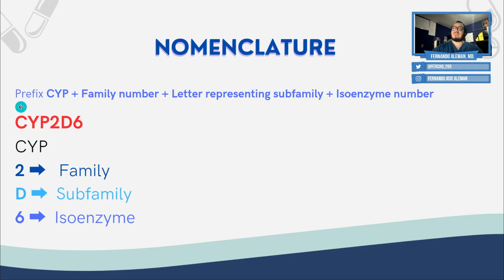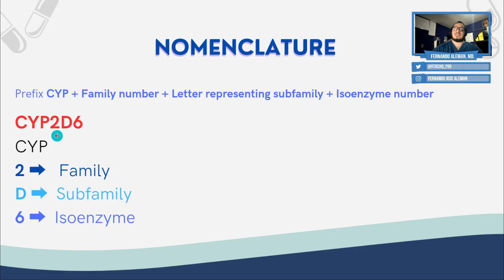So at first we will have the prefix CYP, which is referring to cytochrome, and then we have a number, and this number is the family.